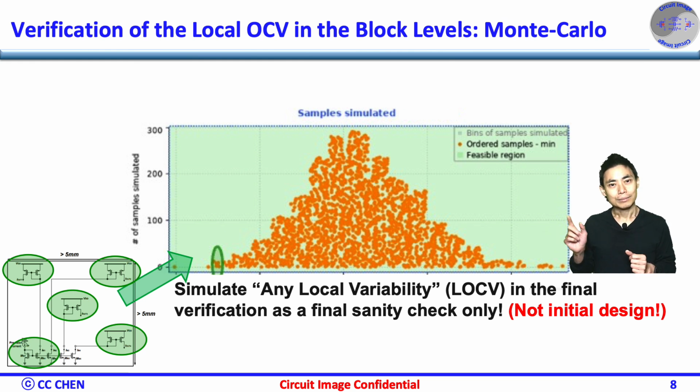Again, the Monte Carlo simulation of the final algebra block level should be a final sanity check of your initial hand calculation instead of your initial design. Otherwise, you don't have any intuitive image in your own design block. Make sense?